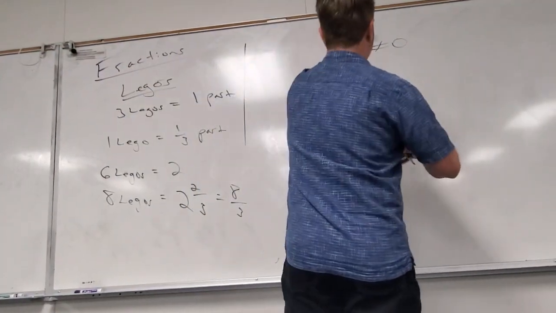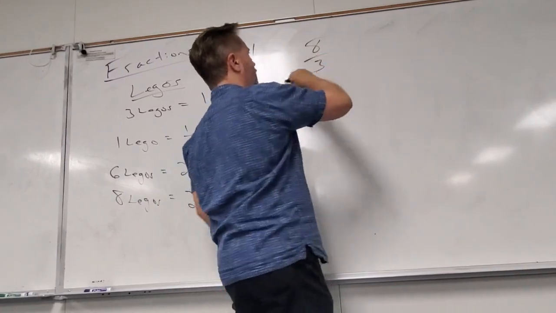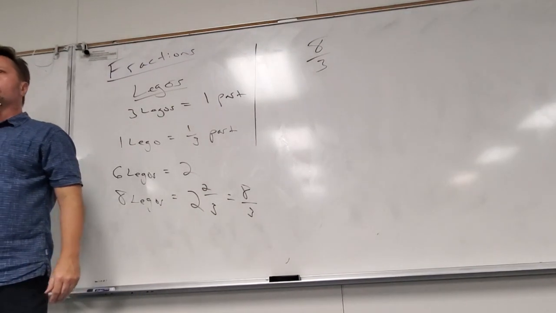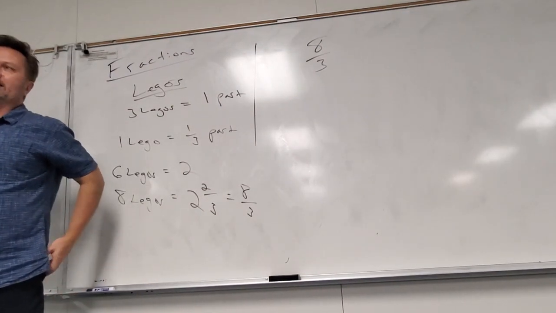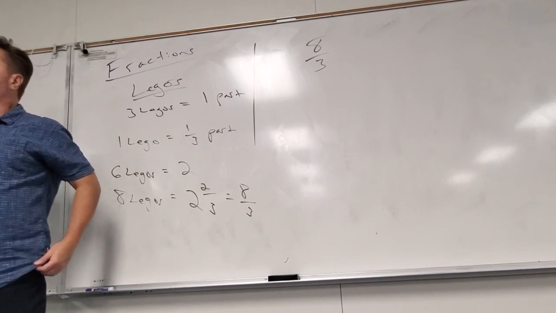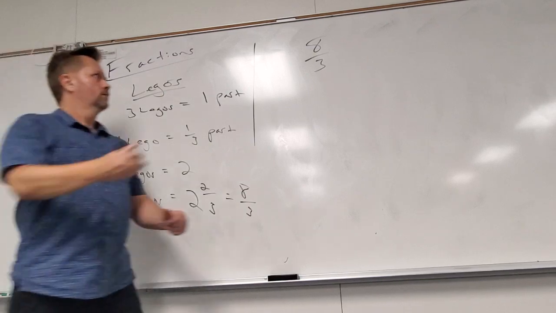So real quick about this improper fraction, the mixed number stuff. I don't know if you guys have ever seen this. One way to do this is just a long divide. The way I like better is, what number just below 8 do you wish was up there? 6, right?